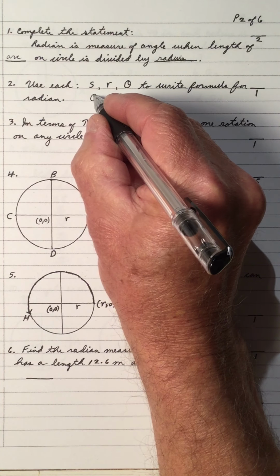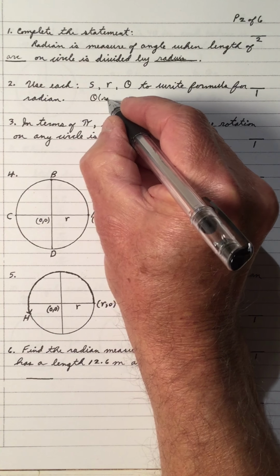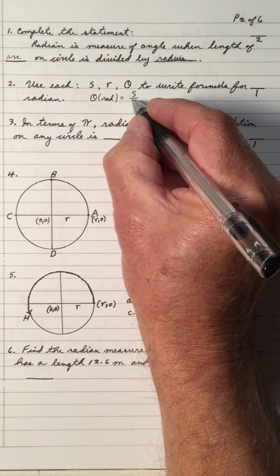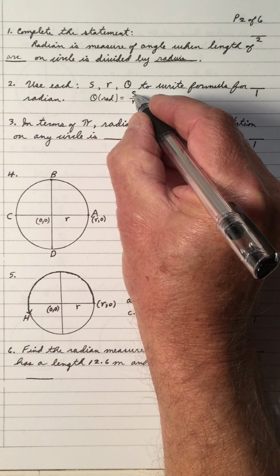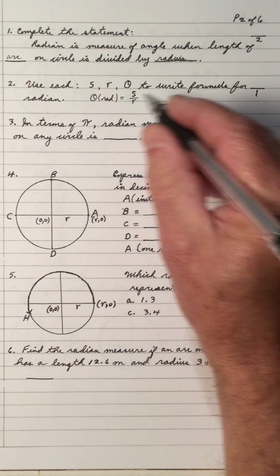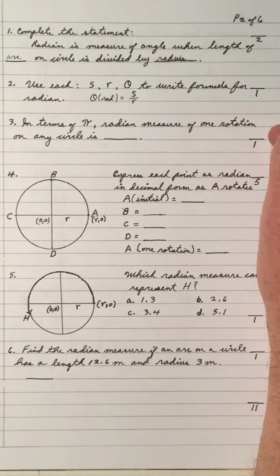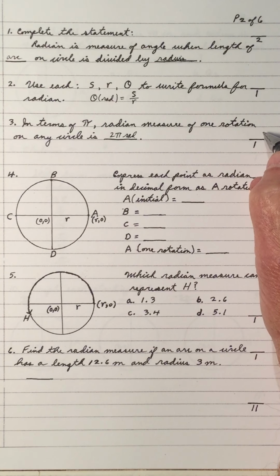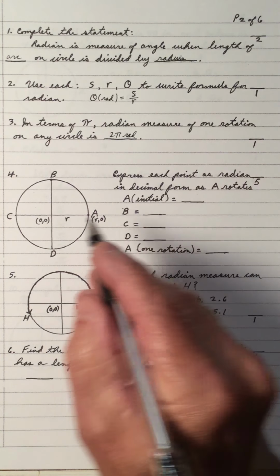So theta as a radian is S over R, the arc length divided by the radius. Give yourself a mark if you have that formula. In terms of pi, a radian measures one rotation on any circle, and it's 2 pi radians. Give yourself a mark if you have that.